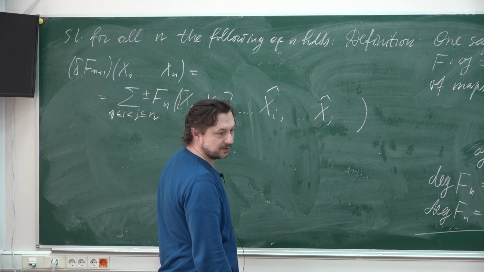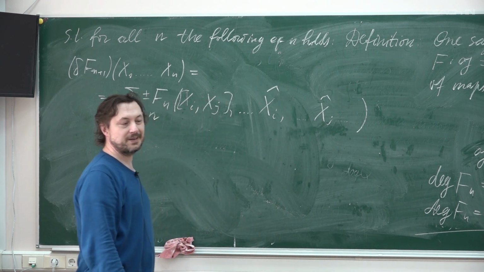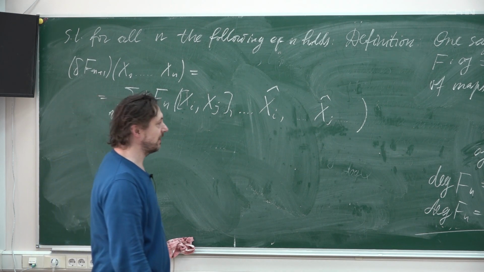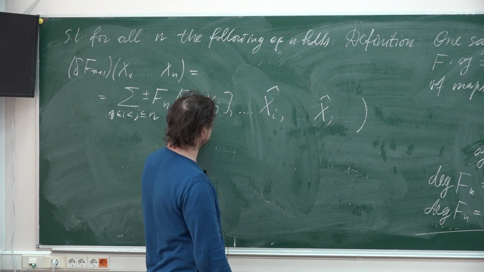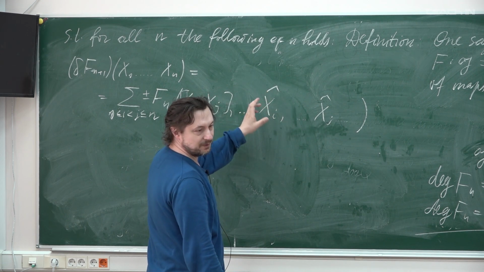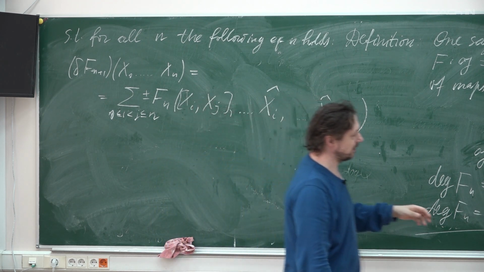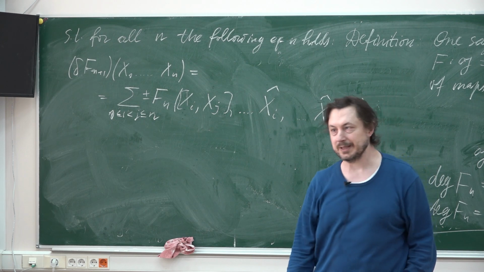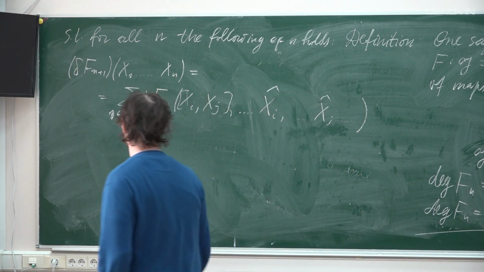So it's quite difficult to write down all the signs correctly. But roughly speaking, every time we change the order of xi and xk for some k, we need to introduce this kind of sign. That's what they call the Koszul sign rule.